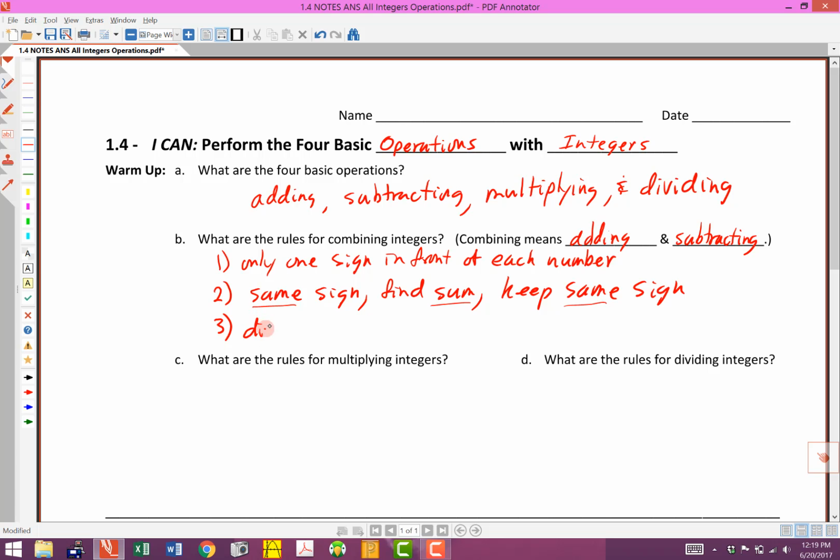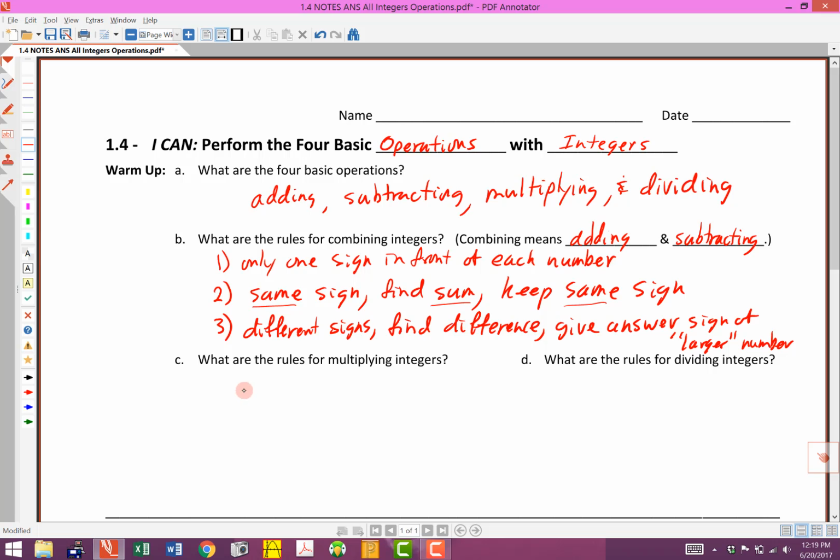So different signs, find the difference, give answer, and this is where we got a little less specific. Give answer, sign of larger number. So what that meant is the bigger one in absolute value. All right.